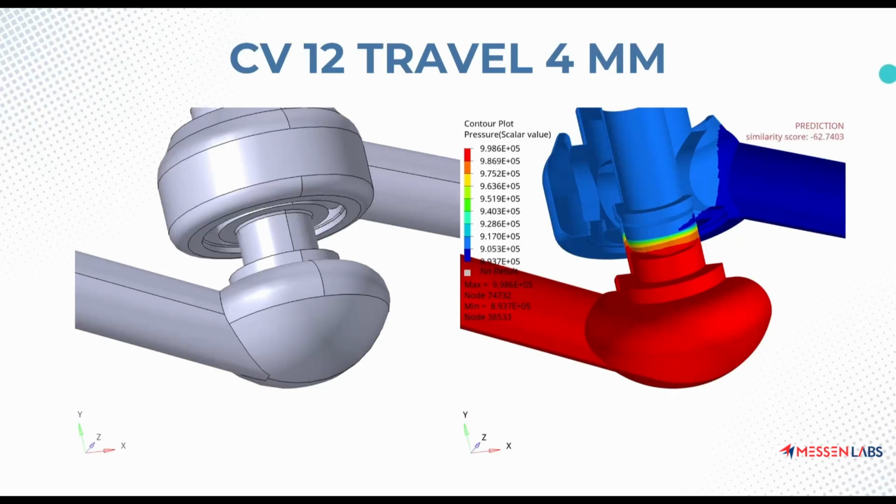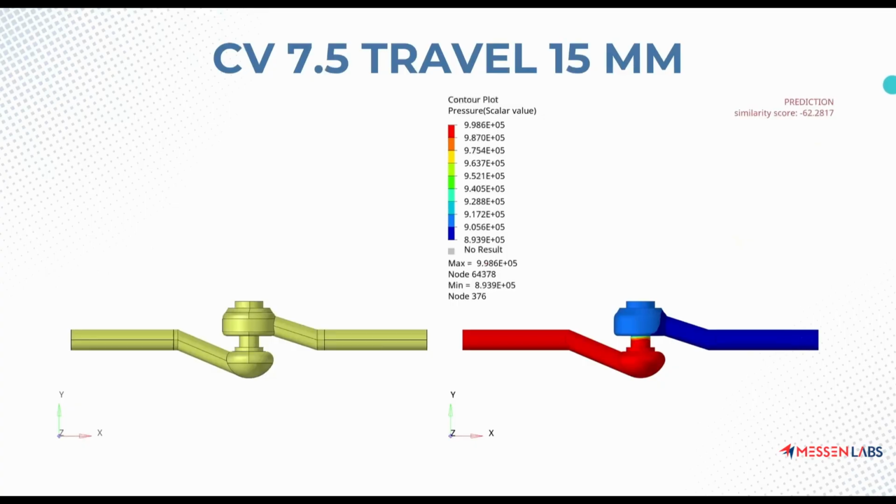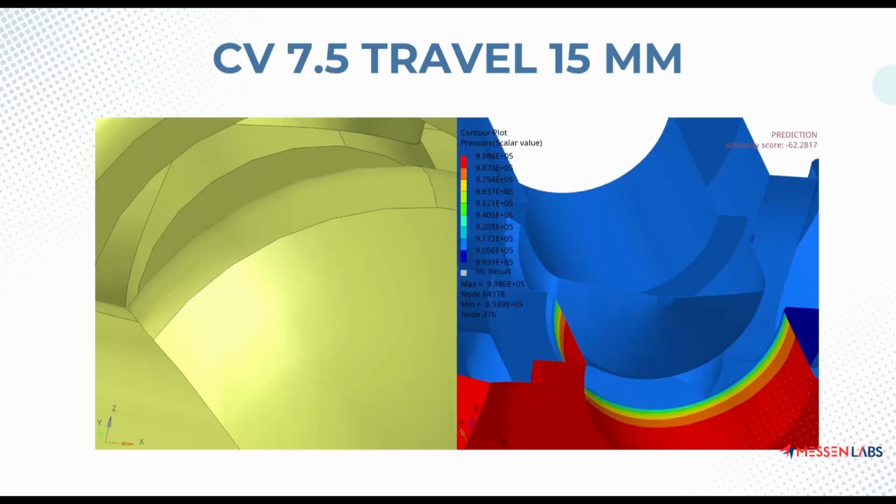Next, we move on to the CV 7.5 and 15 mm travel plug. Here we notice that it's captured the trend across the pipe of the valves relatively well. However, it's not done quite as well when it comes to capturing the pressure difference across the plug, since the fluid would hit the plug before it actually moves into the further part of the valve.